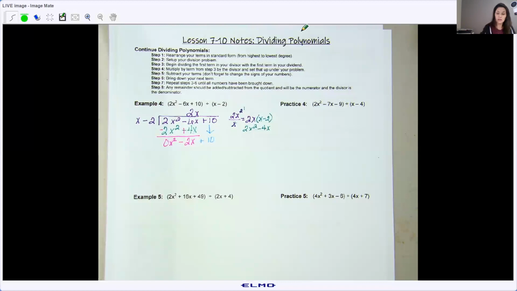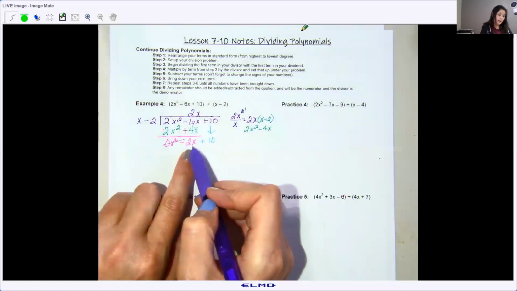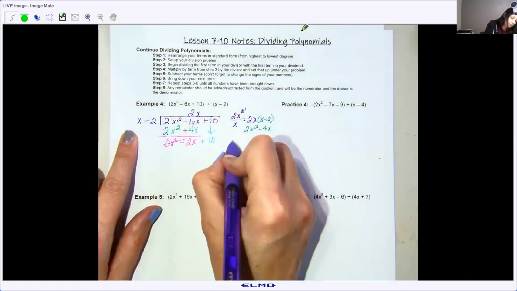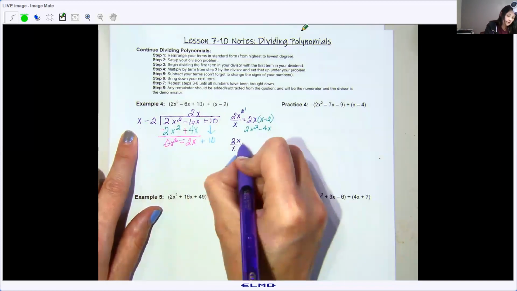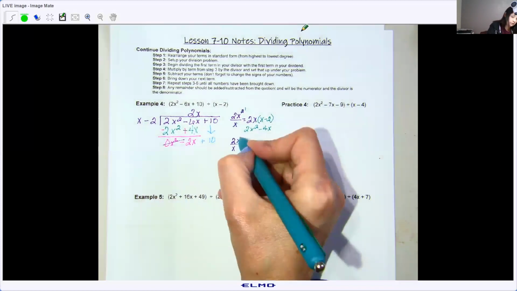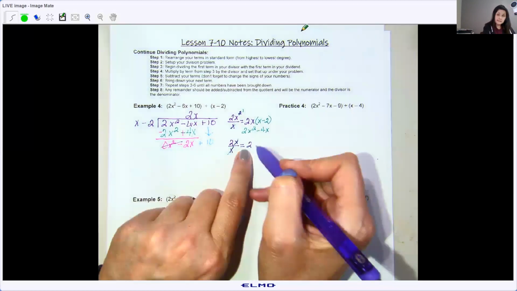Okay. We are going to take negative 2x, because we really don't need this here, negative 2x, and divide it by x. Okay, and we get, these two cancel each other out, and we just get a negative 2.